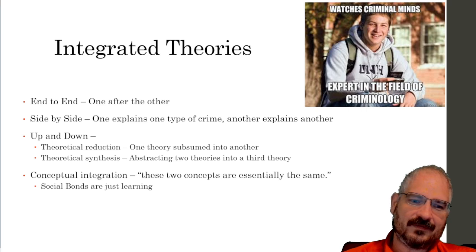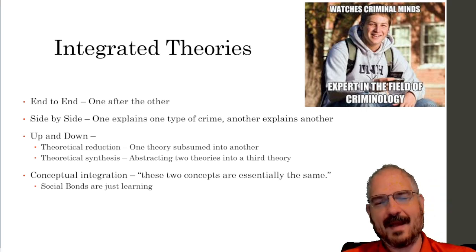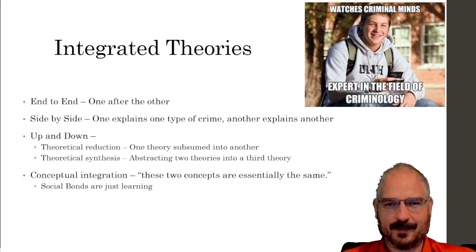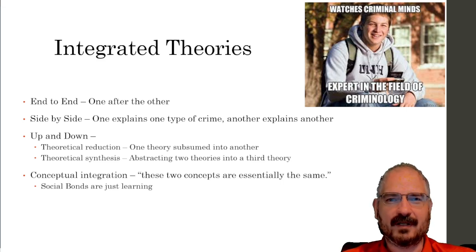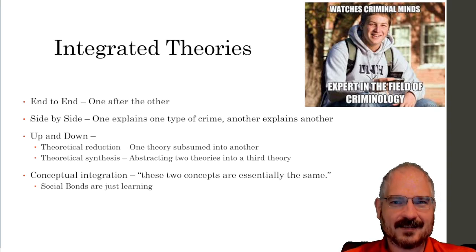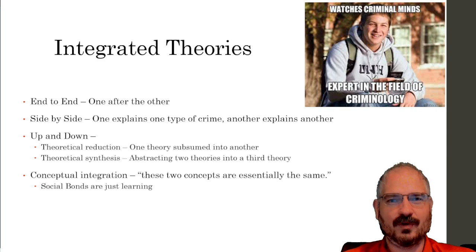And as an example of that, if we think back to social bonding theory, which we talked about many sections ago, if you look at things like attachment bonds and beliefs, there are some researchers who say, well, that's really just differential association and definitions, right? Those are the same basic concepts in those two separate theories, right? That's conceptual integration, all right?